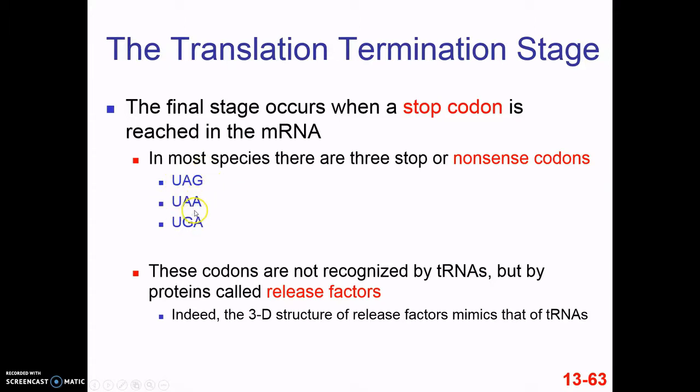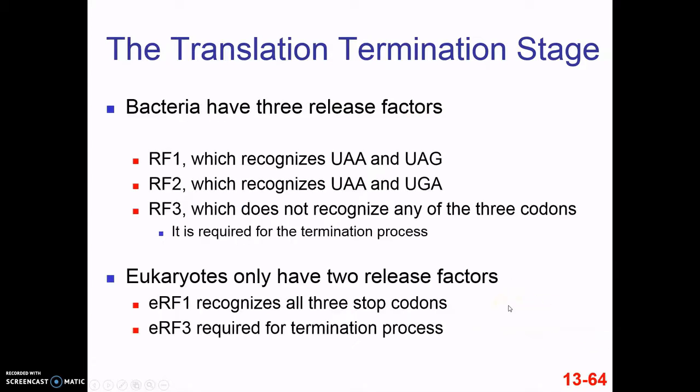There is no transfer RNA that goes in there. Now, since there is no transfer RNA, there are proteins called release factors that do fit into this space. And the 3-dimensional structure of these release factors is actually very similar to the 3-dimensional shape of transfer RNAs.